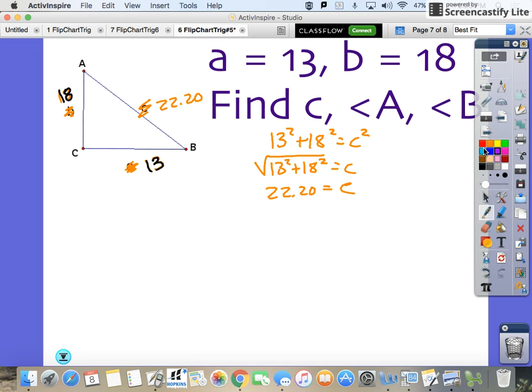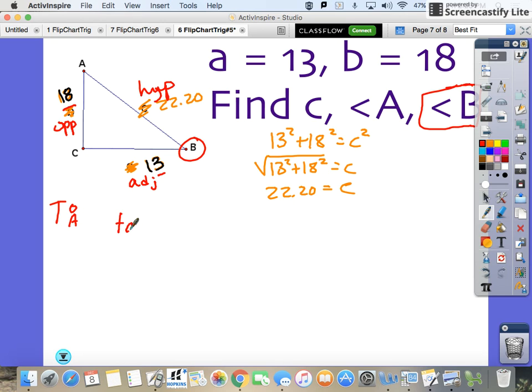But let's not forget that these are the two numbers we were given, all right? Now let's just go find angle B first. I don't know why. Why not, right? So if we find angle B, we'll label based on angle B. If we go straight across, this is our opposite, hypotenuse, and adjacent. The two sides we were given were 13 and 18. So that's our adjacent and our opposite. Adjacent and opposite is TOA.